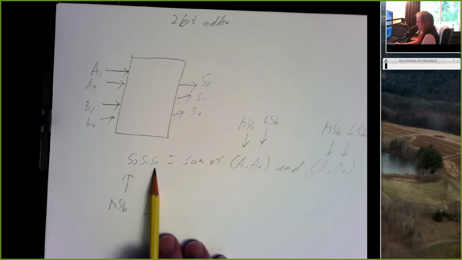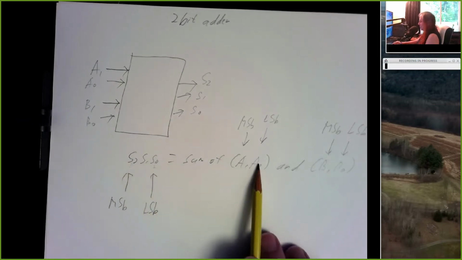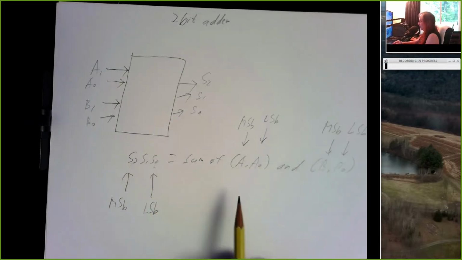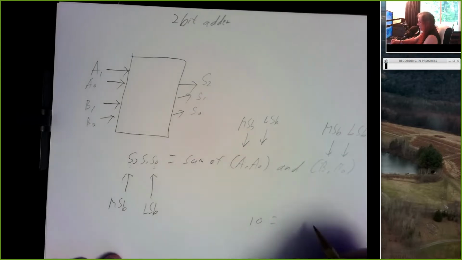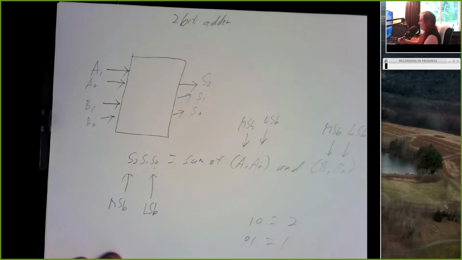So least significant bit, that's the ones place, right? If this is a 0, it's 0. If it's a 1, it's a 1. Most significant in this place would be the 4's place. So this is 1, 2, 4. Here it's just 1, 2. So a number like 1, 0 represents 2 as opposed to 1. 0, 1 represents 1.